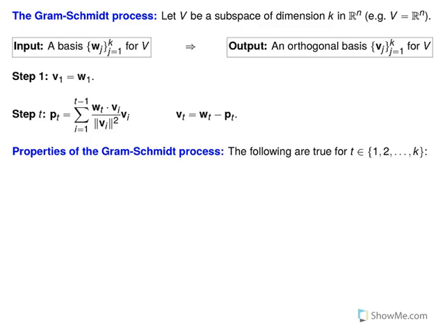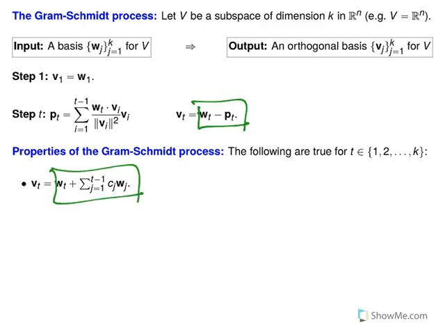Let's just review some properties. These properties follow immediately from our discussion. First of all, at the t-th step, you form Vt as a linear combination. Now we're comparing this expression to this. So Pt belongs to V(t-1).